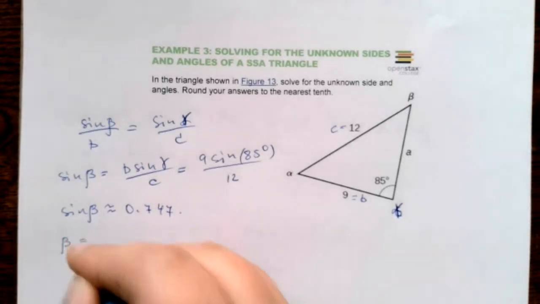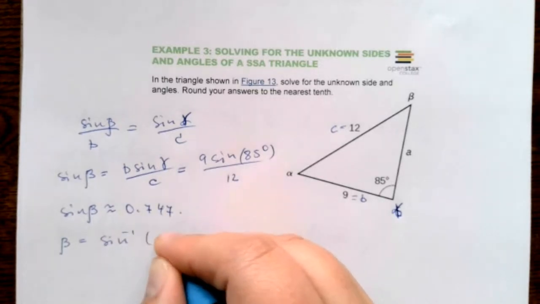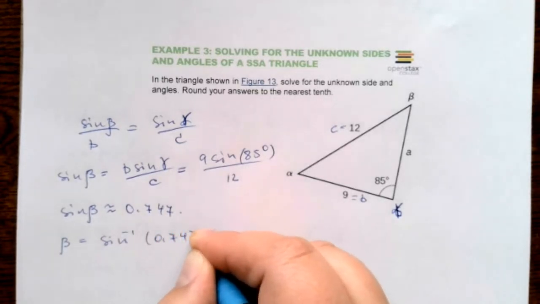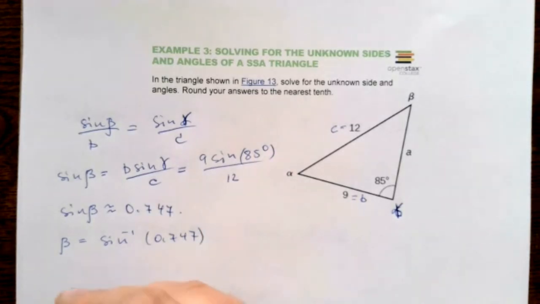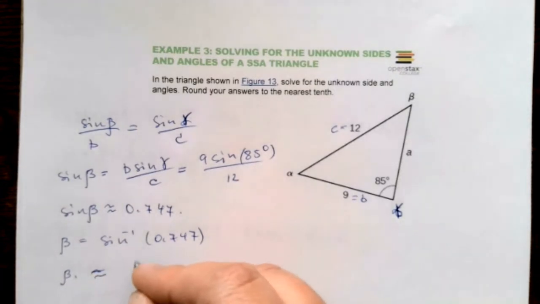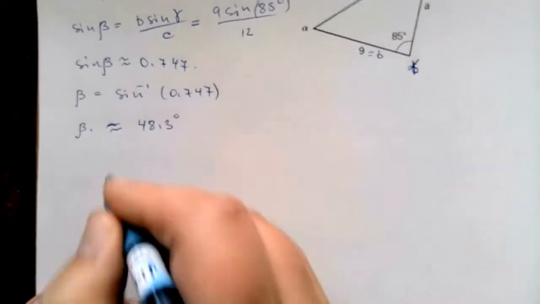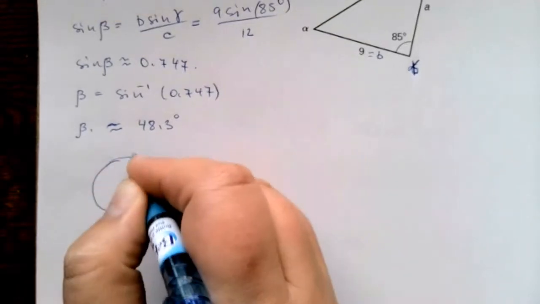Now, how do we find beta? Well, beta is the inverse sine of 0.747. Okay, when I put it in my calculator, again, I'm gonna get that beta is approximately 48.3 degrees. But just like in the previous problem, let's take a look at what's going on here.